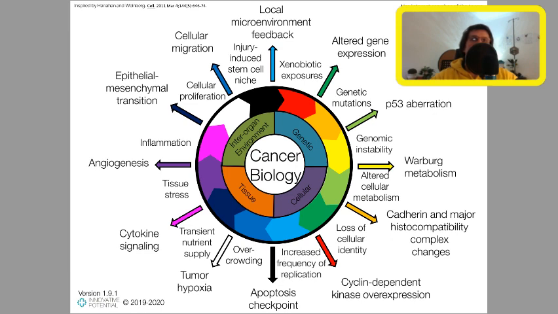But cancer biology for me, and the philosophy at Innovative Potential, is that there's the genetic component of the disease, the cellular component, the tissue component, and the environmental or inter-organ environment component.